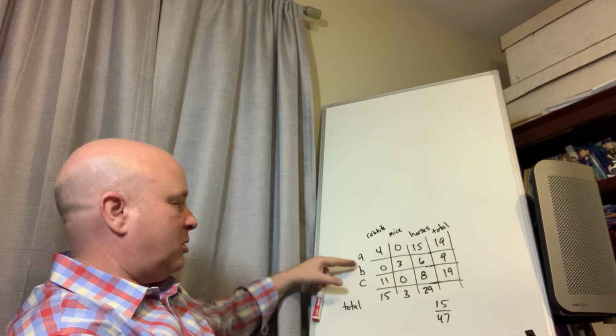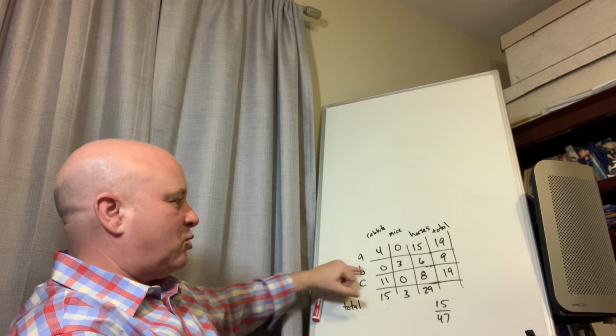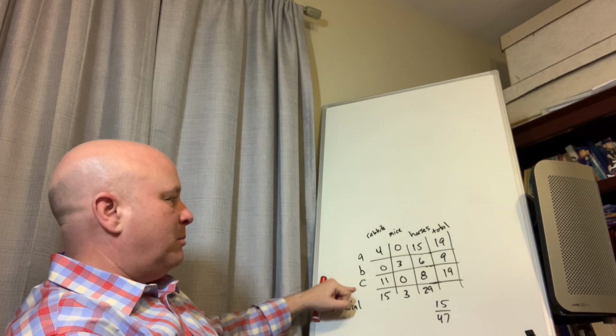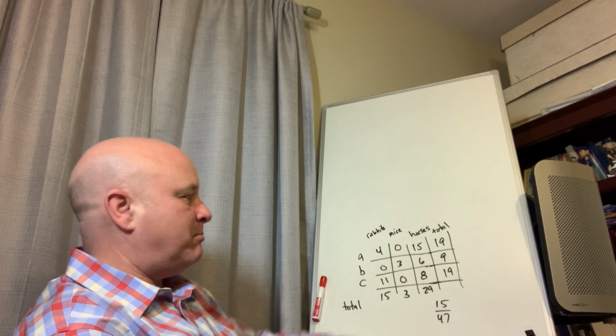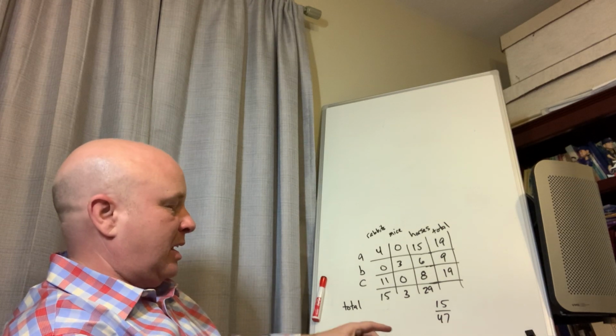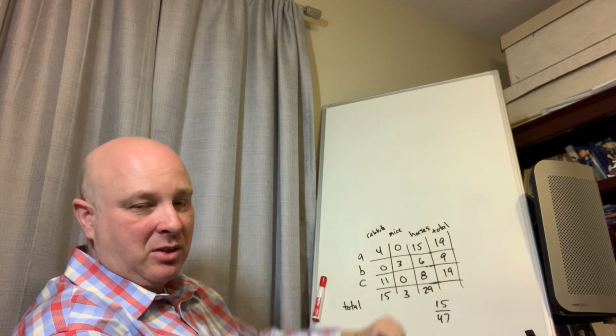The total number of pets in country B is 9. The total number of pets in country C is 19. So my total, if I'm talking about just countries B and C, is going to be the addition of these two, right? So that's going to be my denominator.